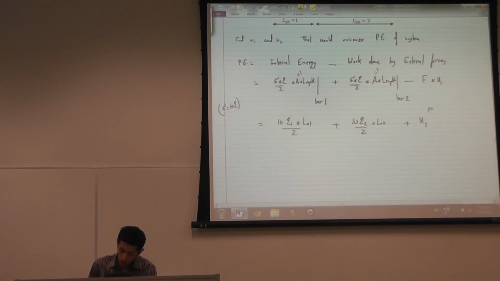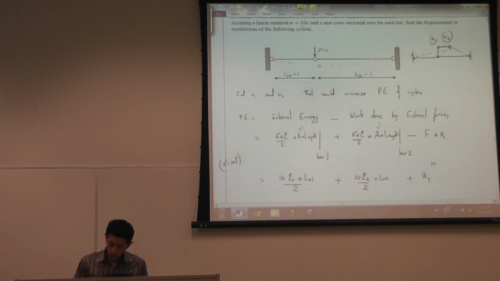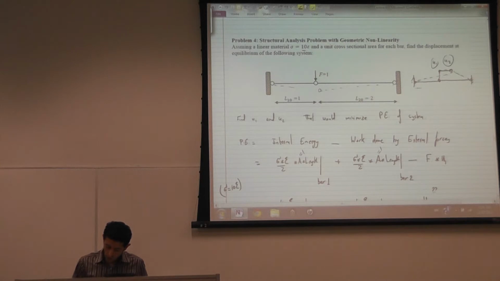So I'm looking for U1. Now what's epsilon 1? Epsilon 1 is equal to L1 minus L naught 1 divided by L naught 1. And L1, the length of the bar, this is L naught 1. This is U2. This is U1.